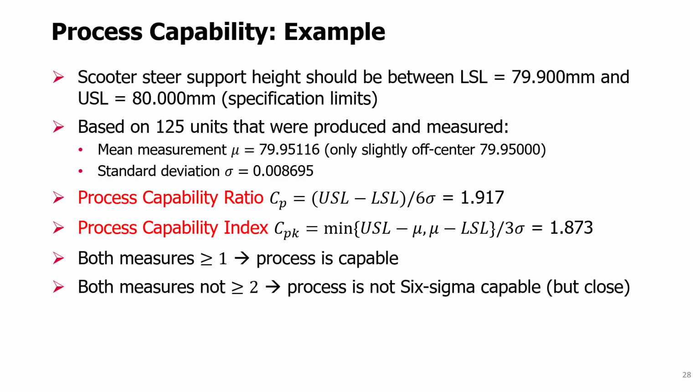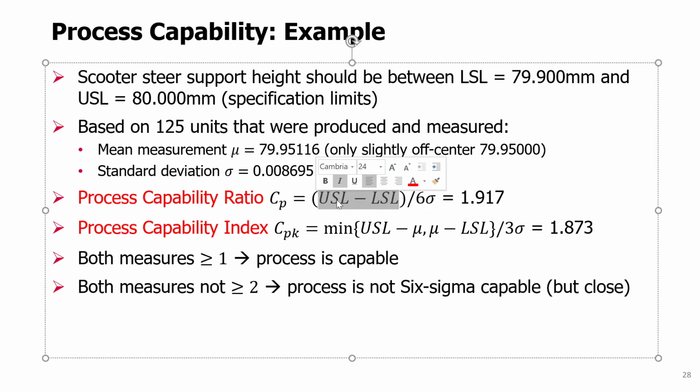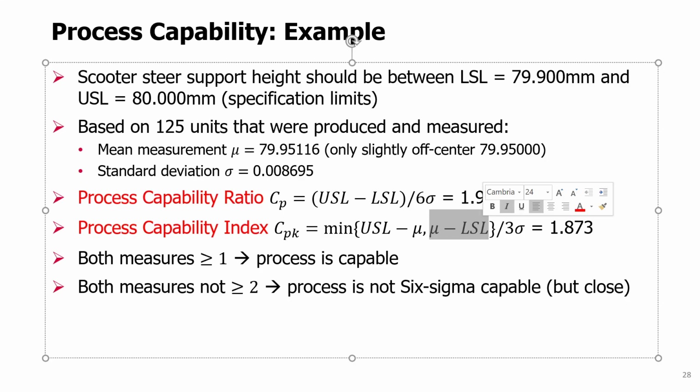And of course, the difference you can see here is that this is a bit lower, a bit more conservative measure, because it's not just looking at the distance and comparing it to 6 sigma. Half of that is the tolerance, comparing it to 3 sigma. It's actually looking at the side of the variability that is more likely to exceed the upper specification limit or go below the lower specification limit, and dividing it by 3 sigma.